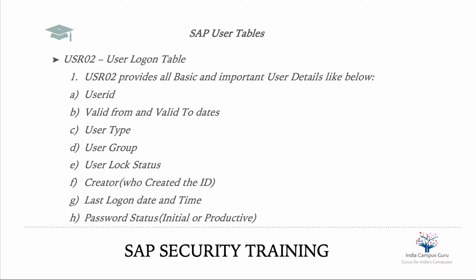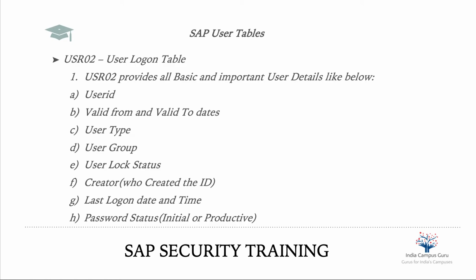It also gives you valid from and valid to dates for a user ID, what user type and user group the user is assigned to, whether the user is locked or still active, who created that ID, the last logon date and time, and even the password status, whether the password is initial or the user has logged in and changed it to a productive password.